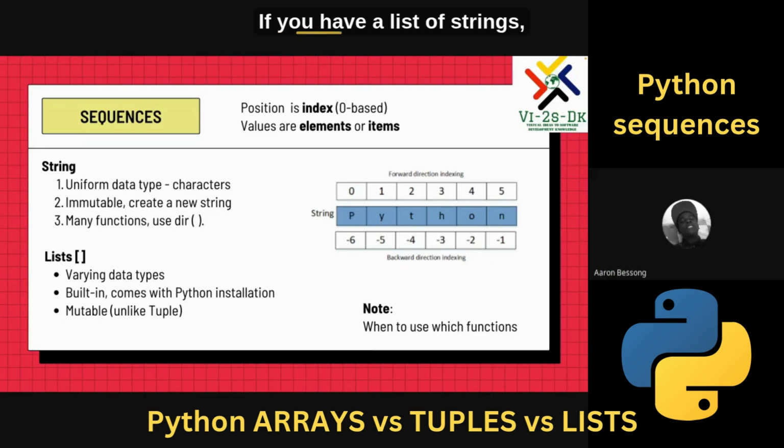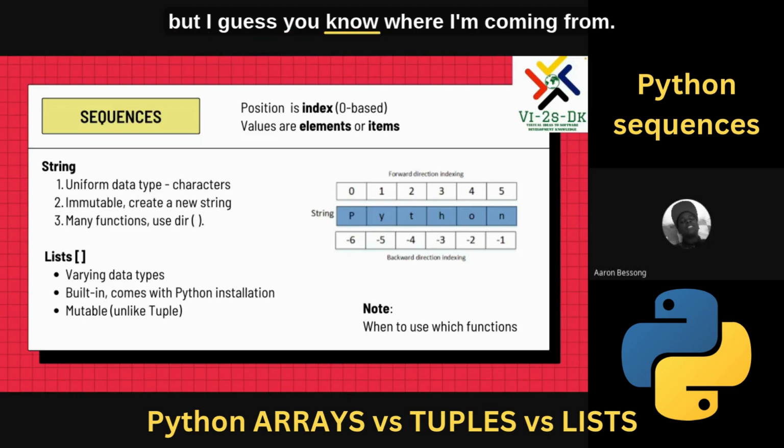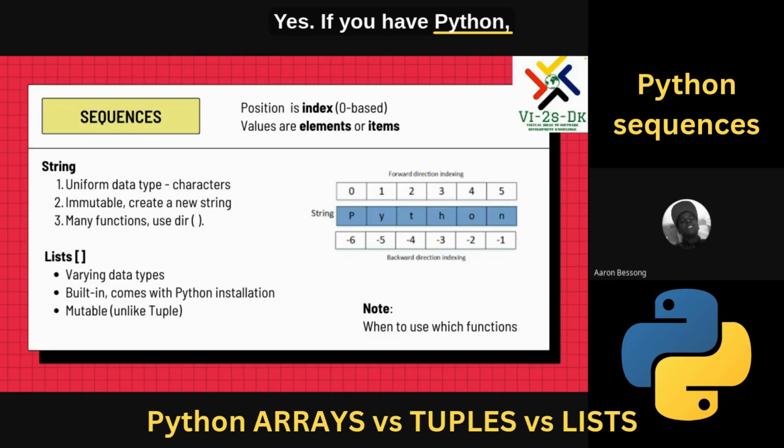So if you have a list of strings, can I say that? No. Yes. A sequence of strings. Okay, I guess you know where I'm coming from. If you have Python, comma, C++, comma, JavaScript, comma, C, comma, can you switch the indexes? Like if we start with Python, then obviously it's 0 as we see here.